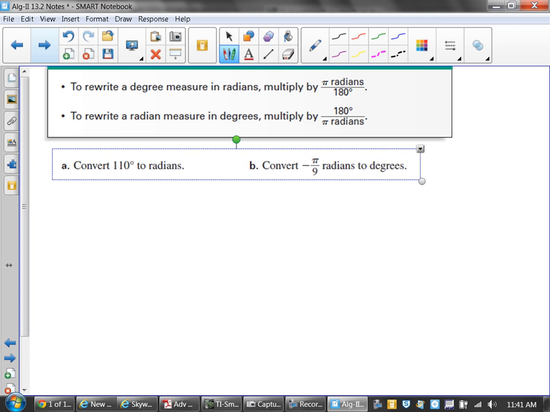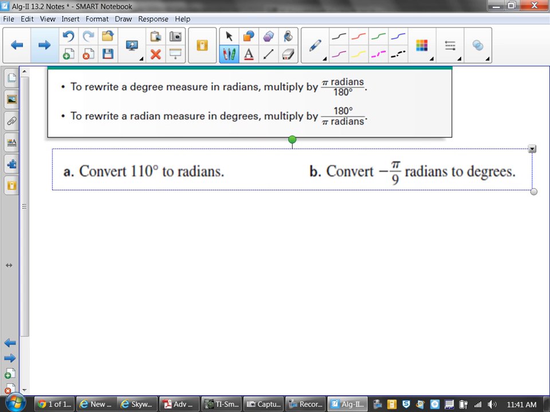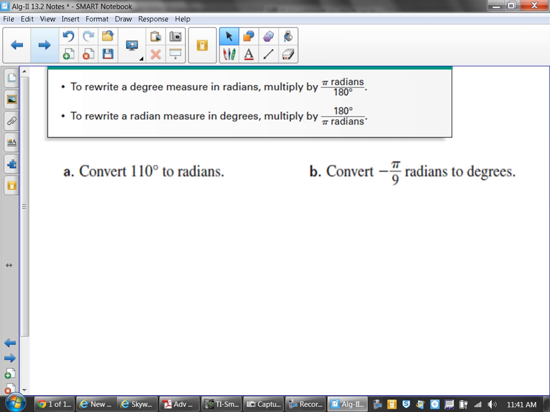What I'd like you to do is take a minute, and I want you to convert 110 degrees into radians, and then convert negative pi over 9 into degrees.